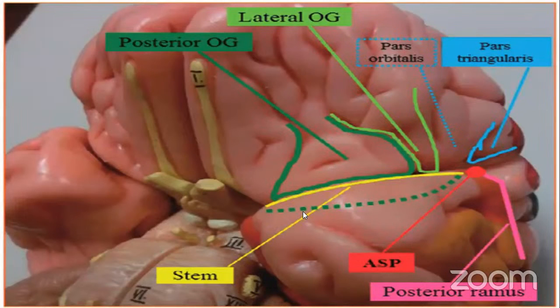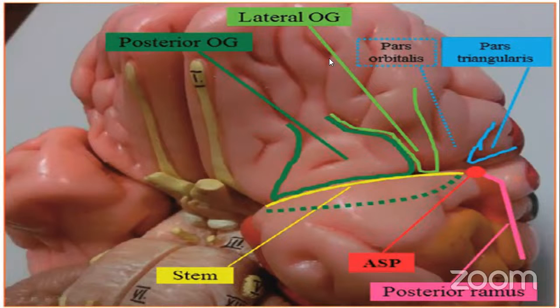So here is the top view in which we have removed the temporal lobe and exposed the basal surface of the frontal lobe. We have the pars orbitalis, then pars triangularis, and posteriorly, in between, we have the pars opercularis.